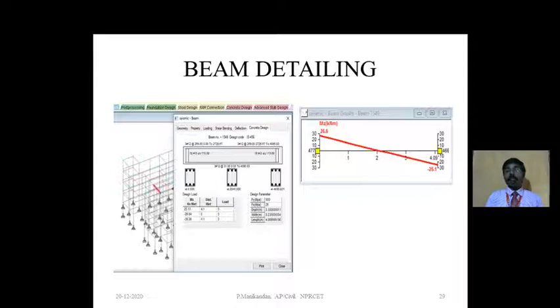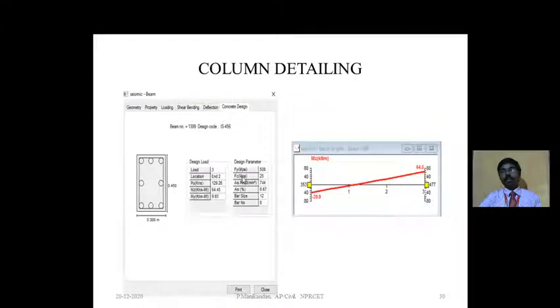After the analysis is done, we can get the detailing report in which we can see what number of bars has to be provided, the main diameter bar which has to be provided, and what would be the spacing provided, as mentioned in the report. And this one is the column detailing.